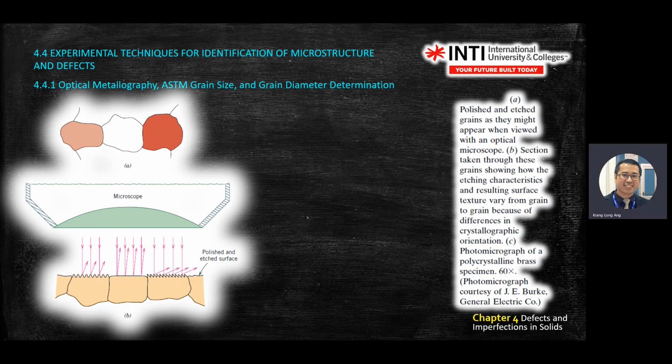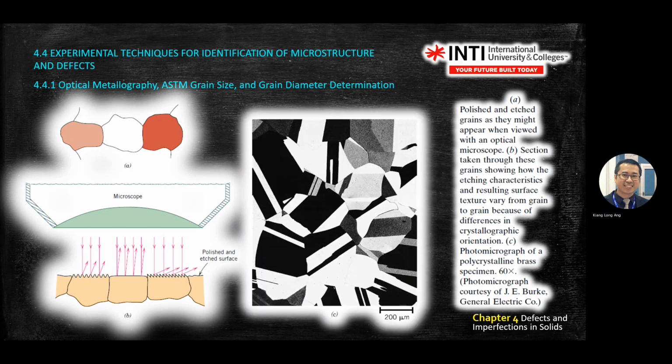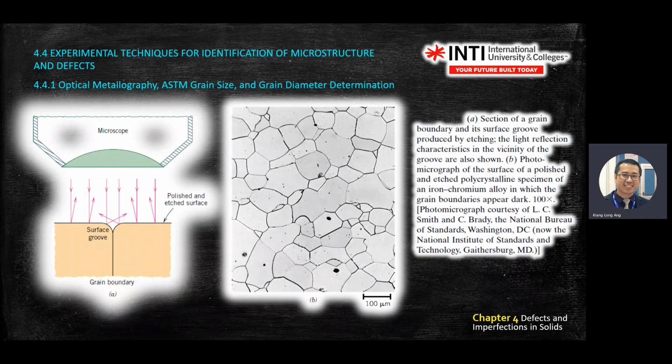There's a dark color, there's a white color, because of the surface that you have. Okay, you'll see something like that. Some got etch, some don't have etch. Some got polish, some don't have. So you see the structure there. So this is also part of the surface that you will be observing.